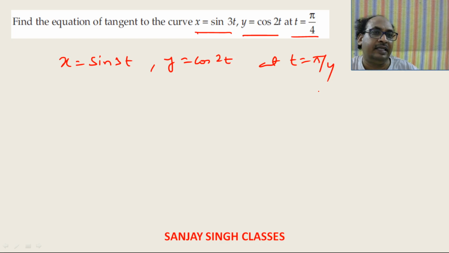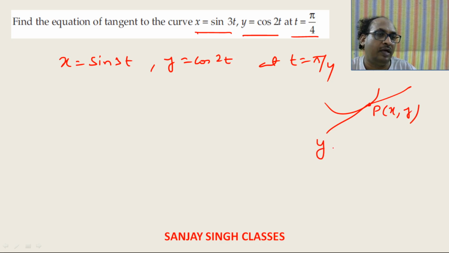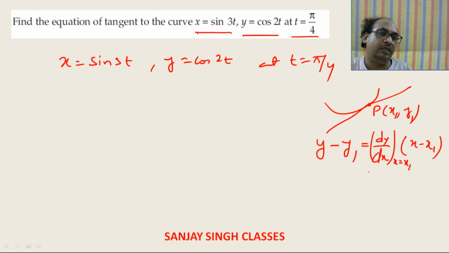We know that the tangent to the curve at a particular point P (x1, y1) is y minus y1 is equal to dy by dx at x equal to x1, times x minus x1. So that we need to find.